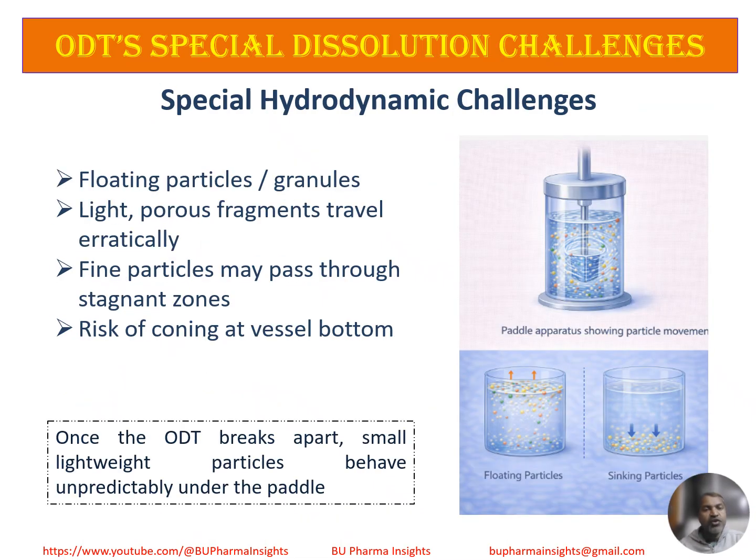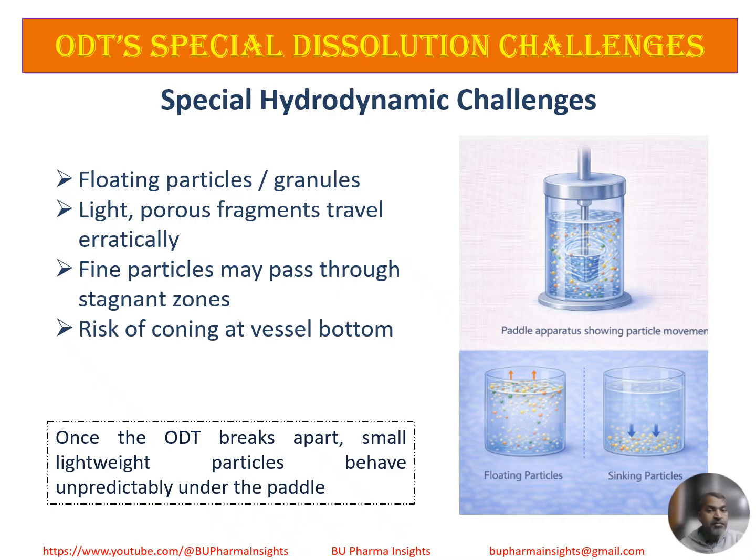ODT fragments often float on the surface because of trapped air or hydrophobic coatings. These light porous particles can move erratically in the vessel, get trapped in the stagnant zone, settle unevenly, and cause coning at the bottom. That's why apparatus selection and RPM are critical.